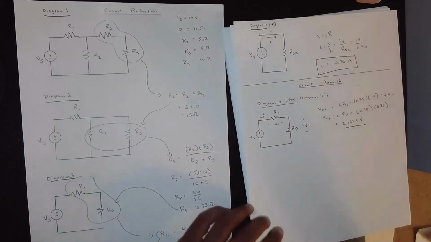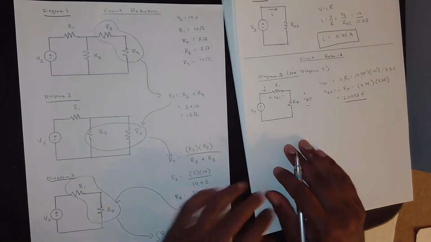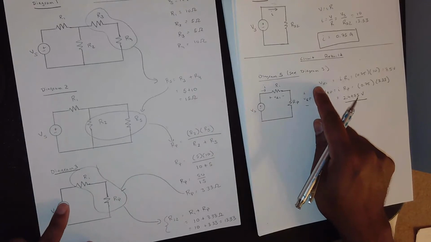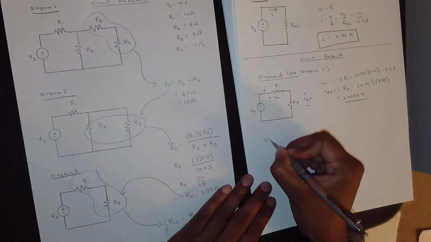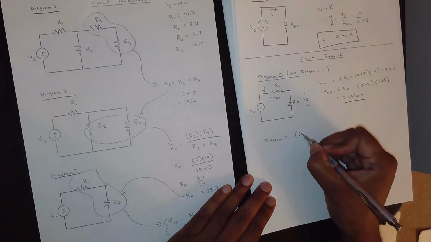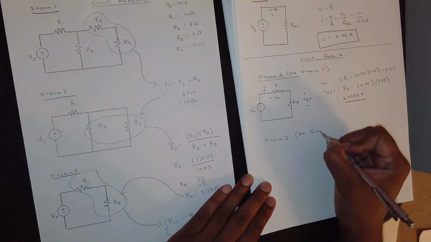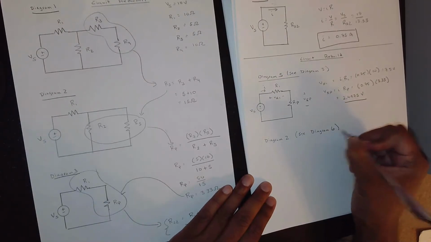So the next one will be what? Diagram 6. So if this was diagram 3, then diagram 6 has to be equal to diagram 2. You simply label diagram 6.